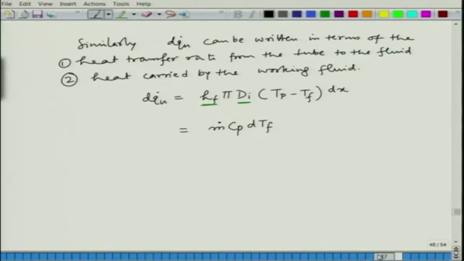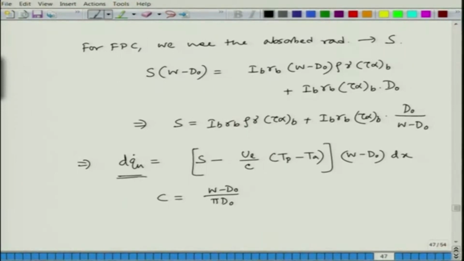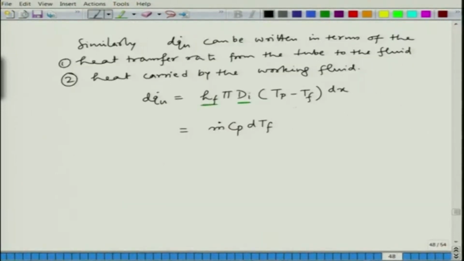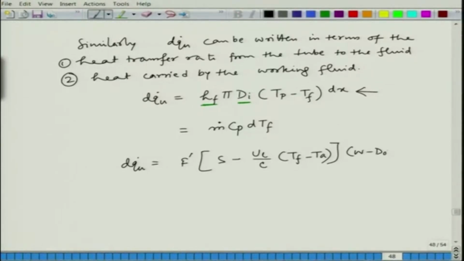So, now if we use the same expression of dq naught, we can write that dq u naught is equal to F prime [S minus UL by C (Tf minus Ta)], not Tp minus Ta, but Tf minus Ta, multiplied by W minus d naught dx.